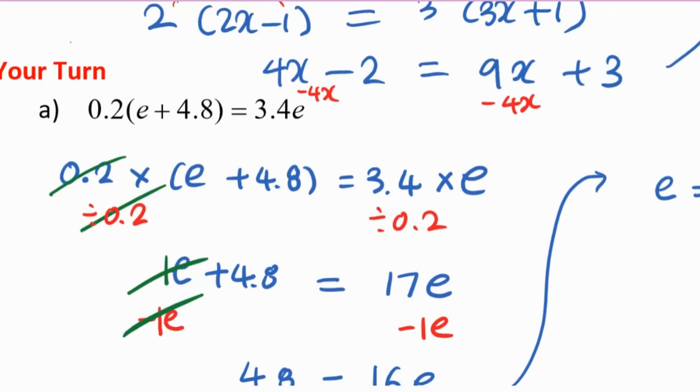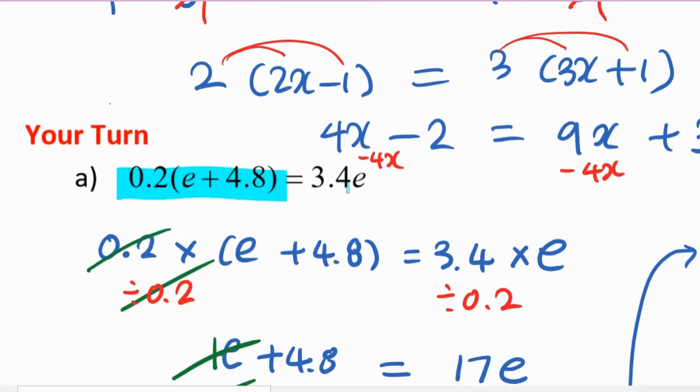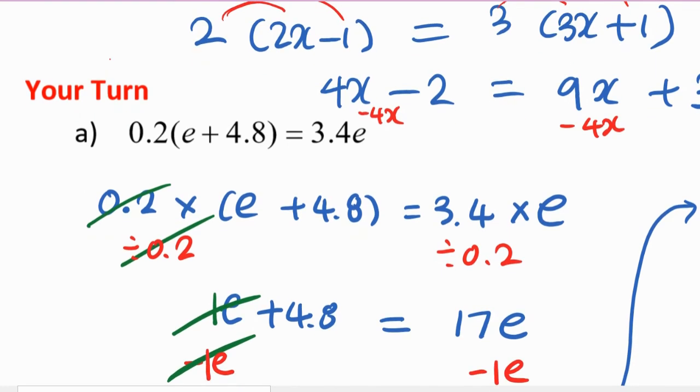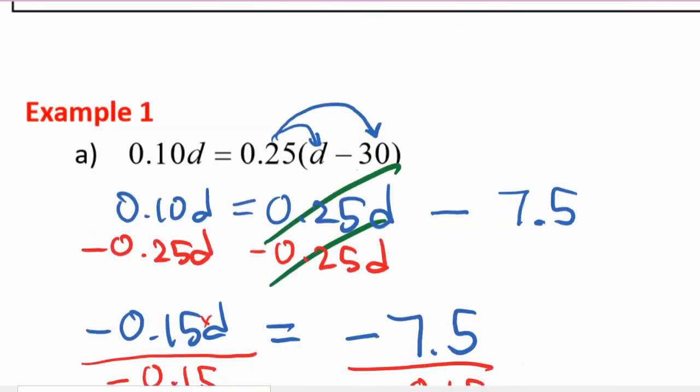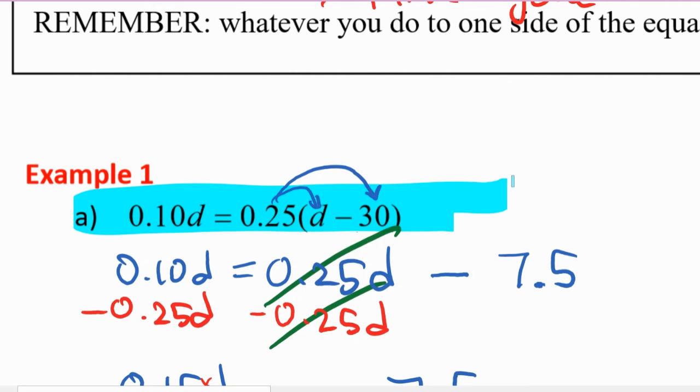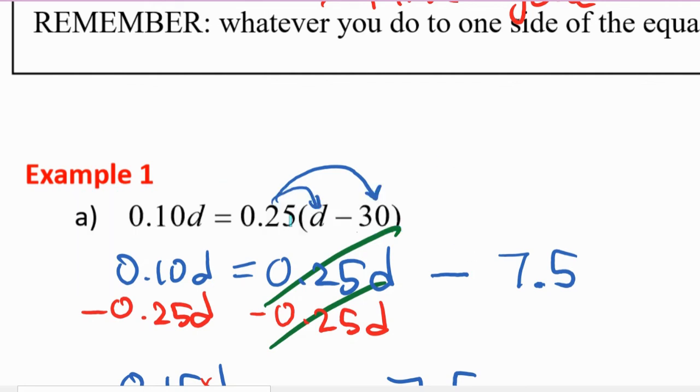So when you have this kind of question, there are two methods of solving this problem. You can simply use the distributive property to solve it, or you can just get rid of this multiplication first and collect the variable to solve the problem, right? So for the previous question, I used the distributive property instead of removing multiplication.